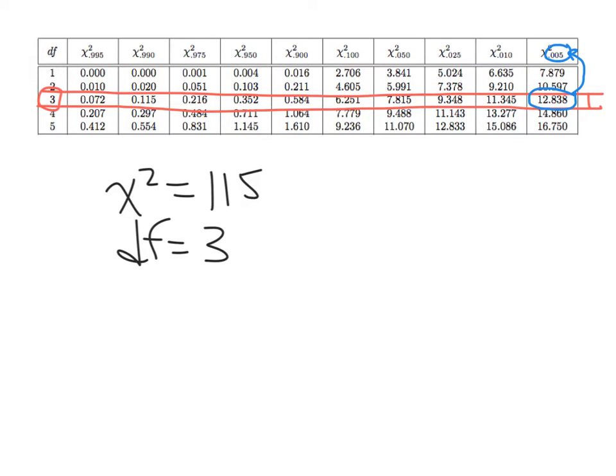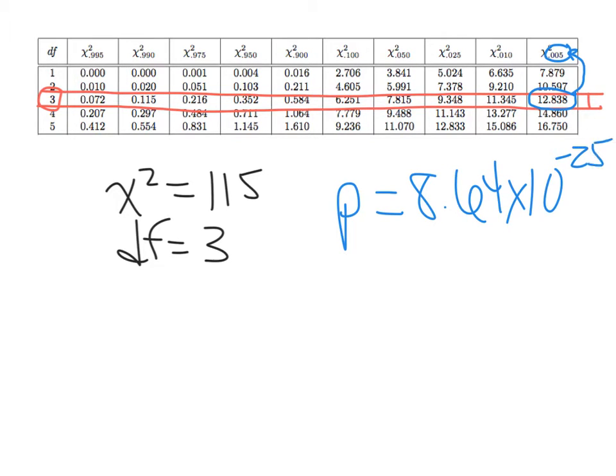So if we have a chi-square value of 115, is the p-value really big or really small? Really small. In this case, the p-value is something like 8.64 times 10 to the minus 25. So that's a 1 in 864 octillion chance that our observed and our expected values match.